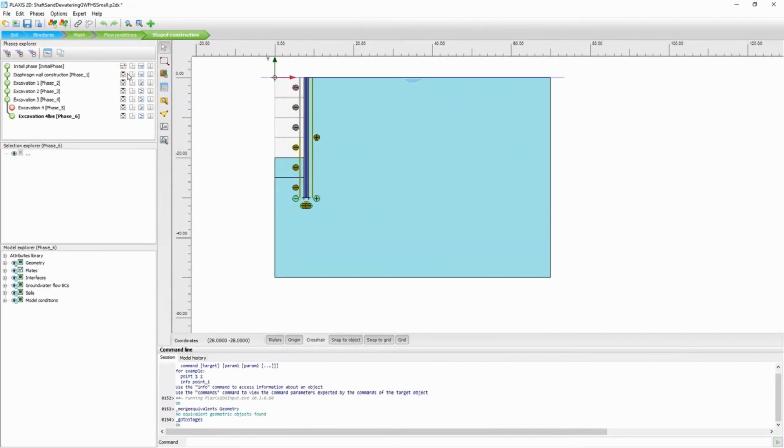And what you see here is that starting from excavation 1, the symbol, the icon, has changed. It's no longer phreatic level, but groundwater flow. And you see, groundwater flow will be used for all the remaining excavation phases.